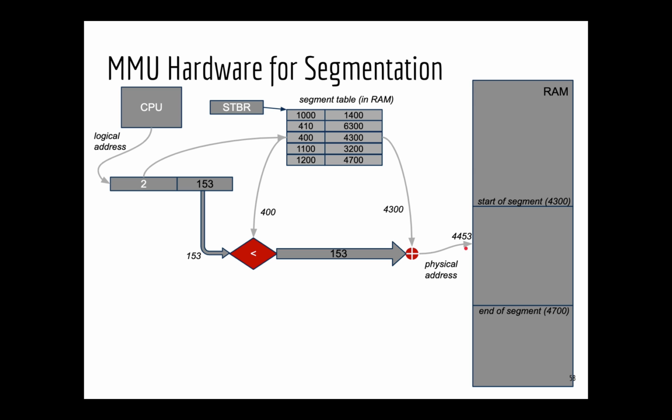But later we will see that in paging, the comparator is not required, and also the adder is not required, because we don't have to add any number. Later you will see the adding operation, quote unquote, for paging is simply a bit padding operation.